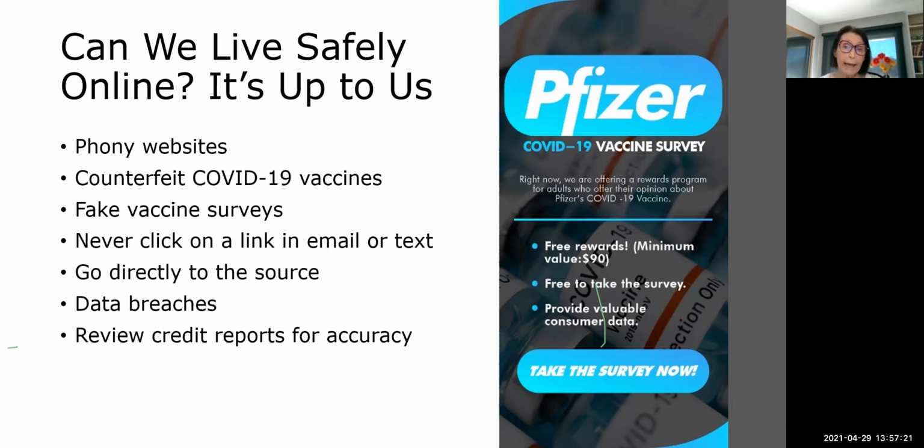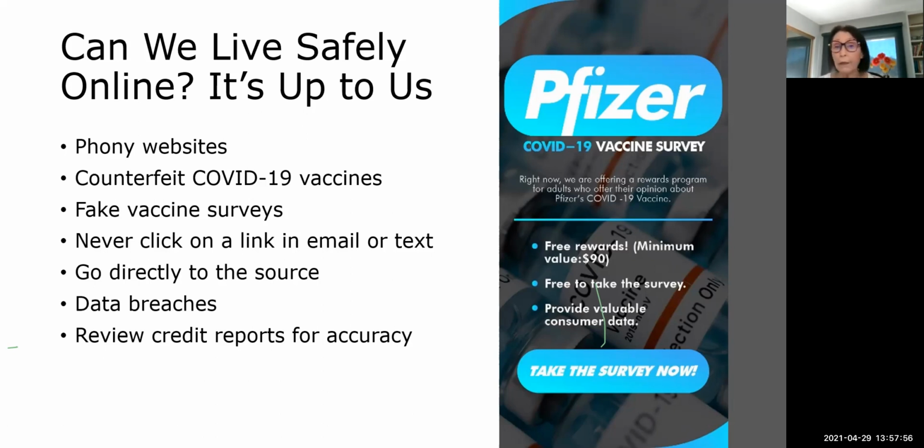Then we see scam websites that actually masquerade as actual company websites, such as Moderna or Pfizer. And these phony websites offer COVID-19 vaccines for sale. That's kind of scary, okay? It is not a good practice to try to get a COVID-19 vaccine from any website, let alone a counterfeit website.